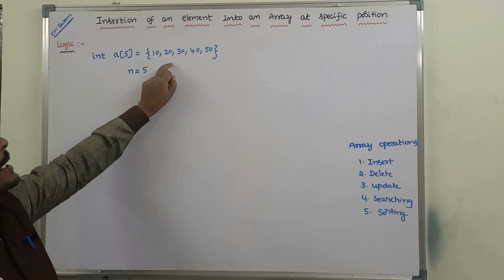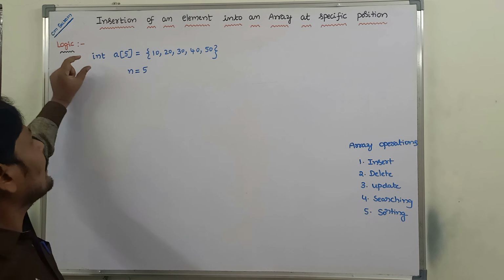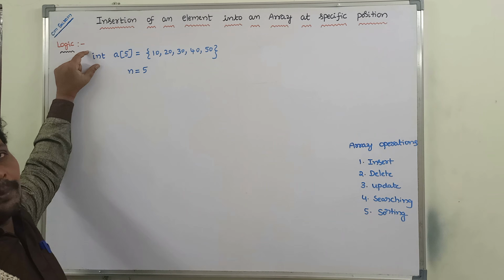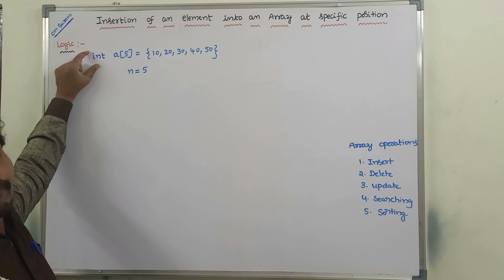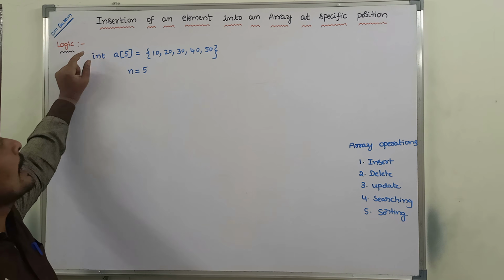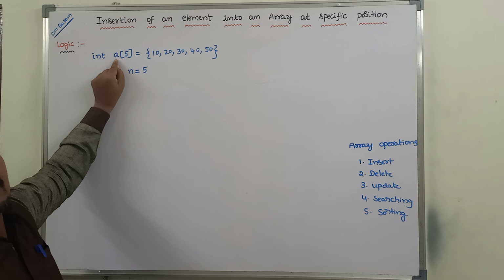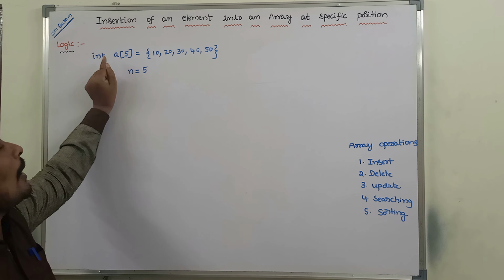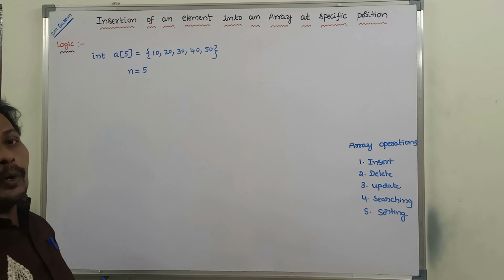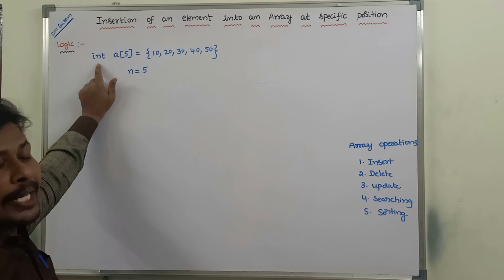So 10, 20, 30, 40, 50, all 5 elements are of integer type. When same type or homogeneous data type elements are stored under a single variable, it is called an array. What type of array is this? This is an integer array.